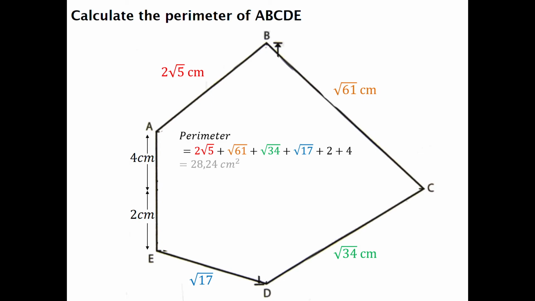I add them together, and now I've rounded off, so I get 28,24 centimeters squared. Notice that I only rounded off at the end. If I rounded off too early, then I might have been left with like 28,23 or 28,25, and then I've got the wrong decimal, so that's why I only round off at the end.